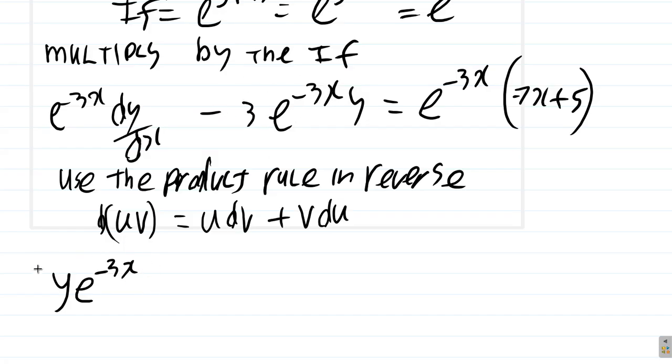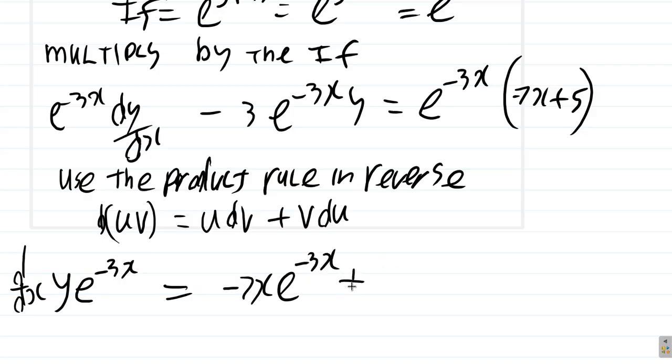So it works out. So what you did was find the derivative of this with respect to x, which equals, let's open the bracket, negative 7x e to the negative 3x plus 5e to the negative 3x. Okay, good.